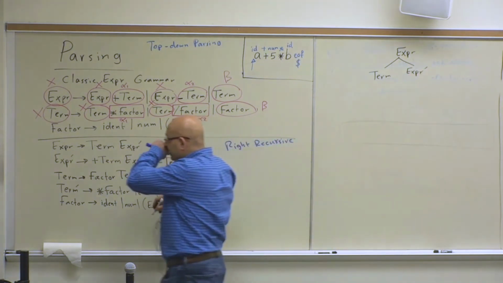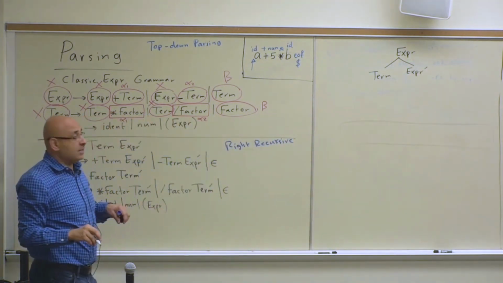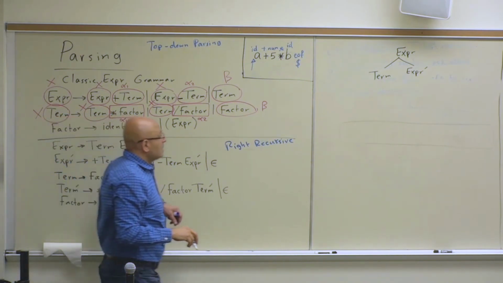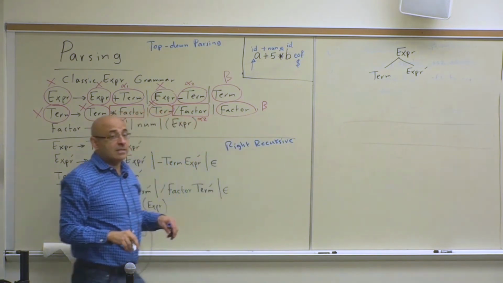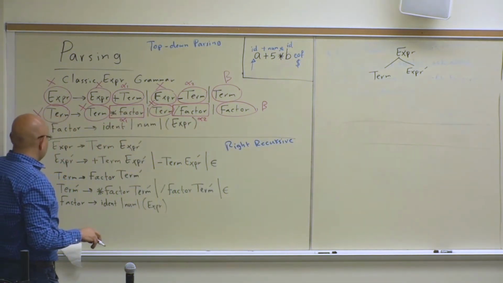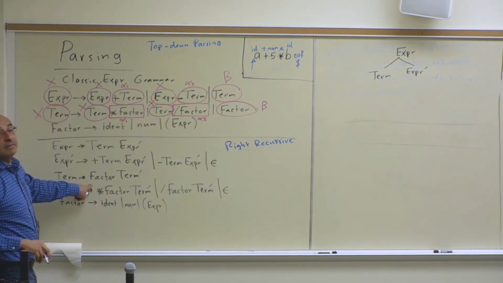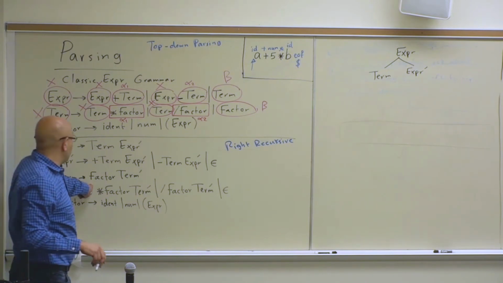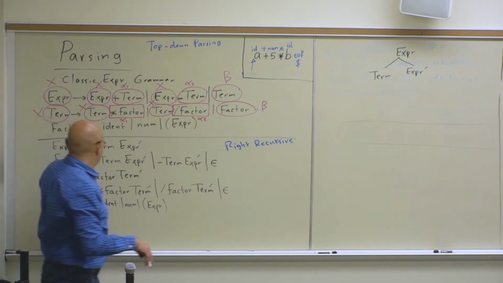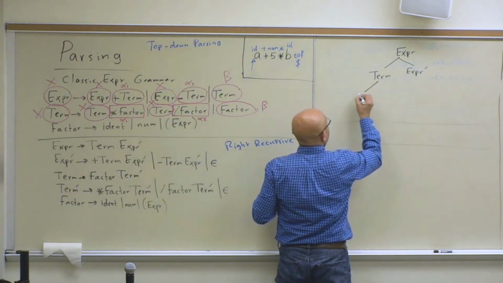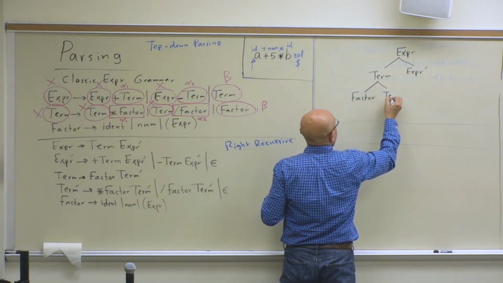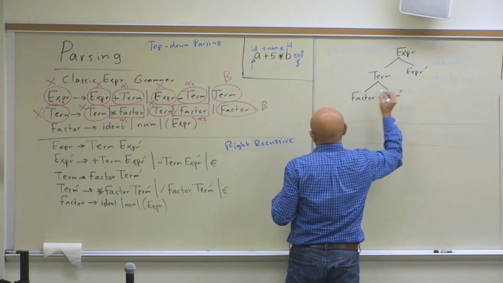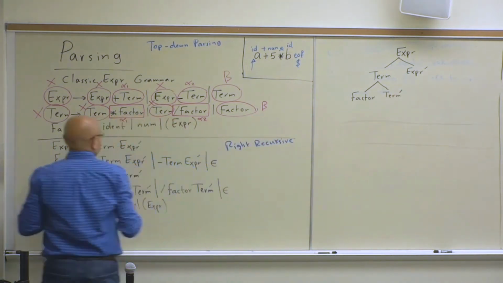Good. Now this is the leftmost derivation, so we should look for some substitution for term, because it's leftmost. For term, how many options do we have? Only one option. So far we didn't have to choose. So it's just factor term prime. We didn't have to make any decisions.